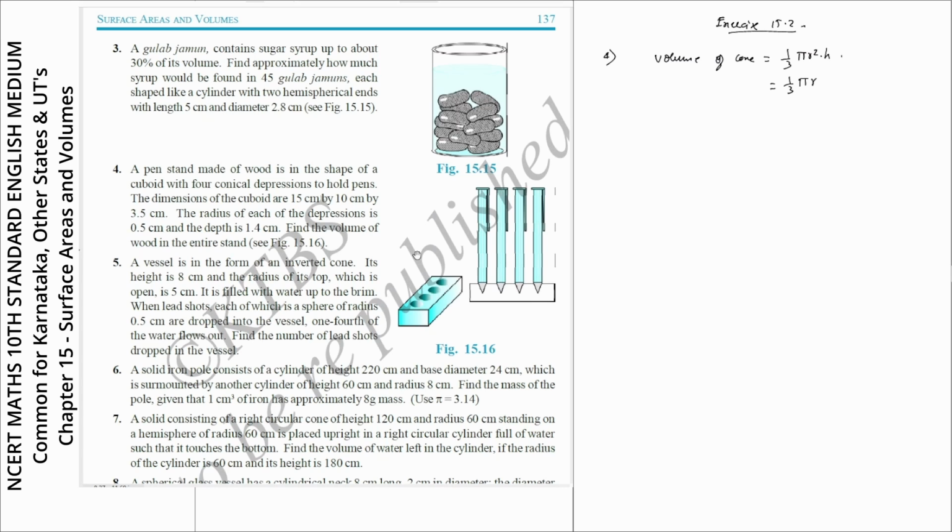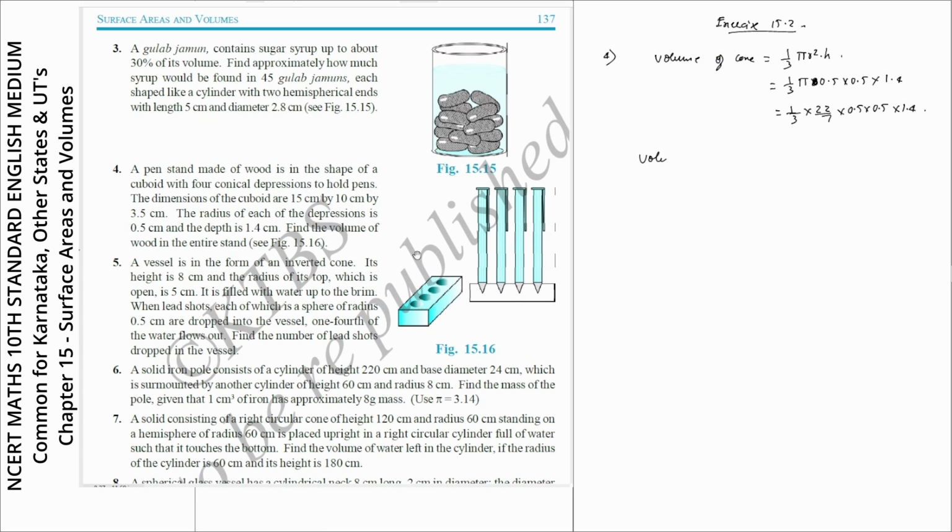The radius of each of the depressions is 0.5, that is r is 0.5 into 0.5, and h is nothing but the depth here, 1.4. So substitute 1/3 into 22/7 into 0.5 into 0.5 into 1.4.